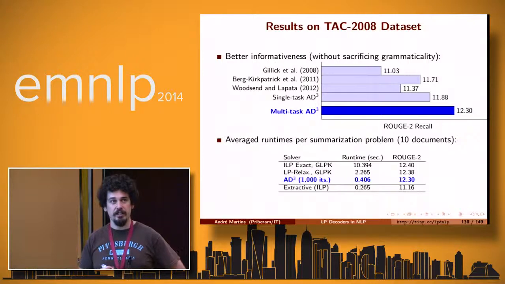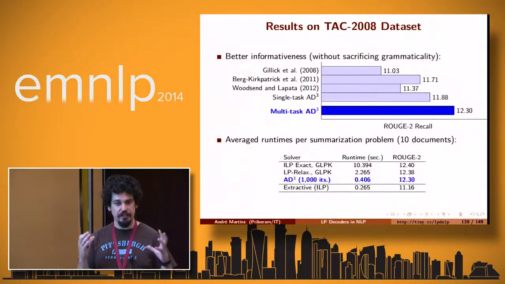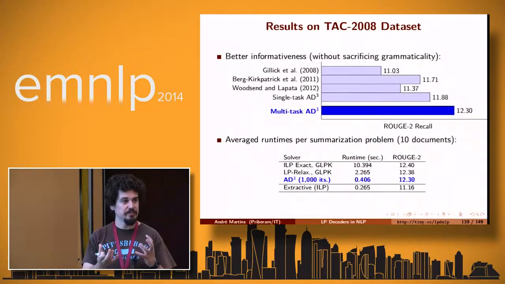And my explanation is that in summarization we have several sentences competing, or several words competing to be in the summary, which is analogous to an Ising model with repulsive potentials. And when you have these repulsive potentials, the quality of the relaxation is worse than when all potentials are attractive.